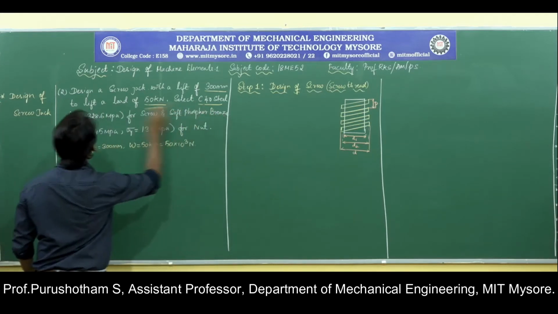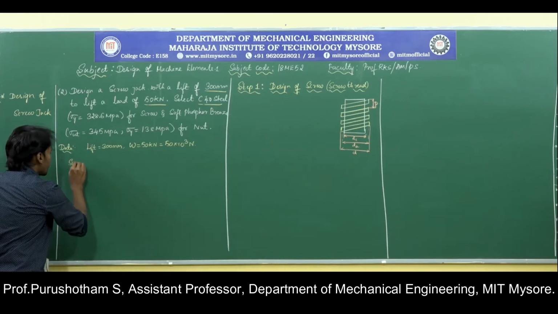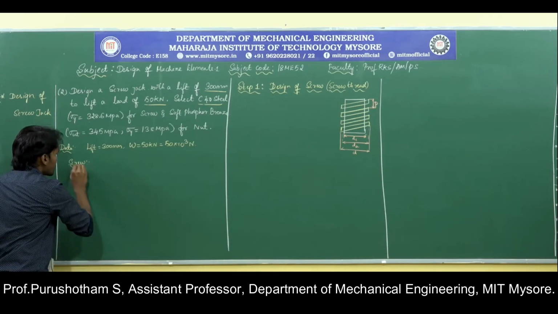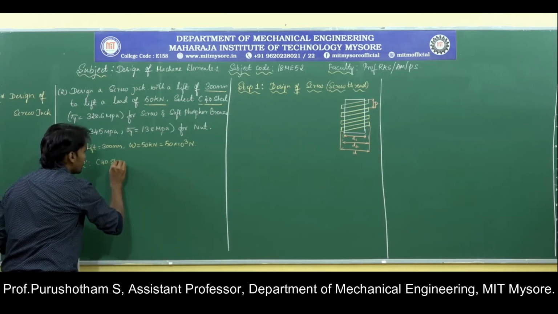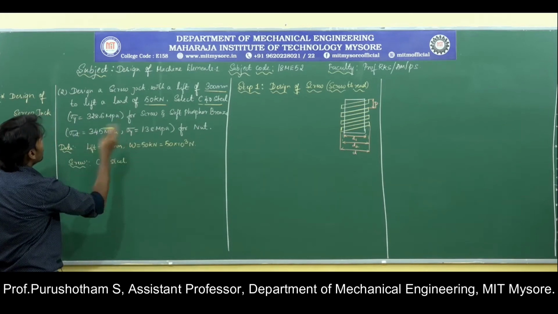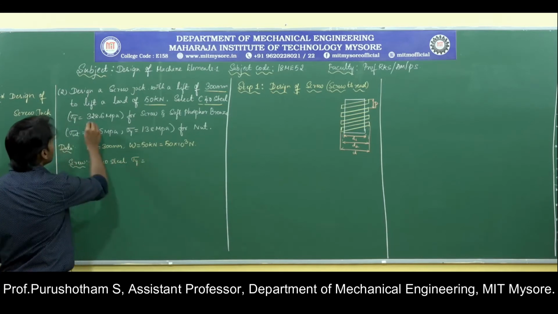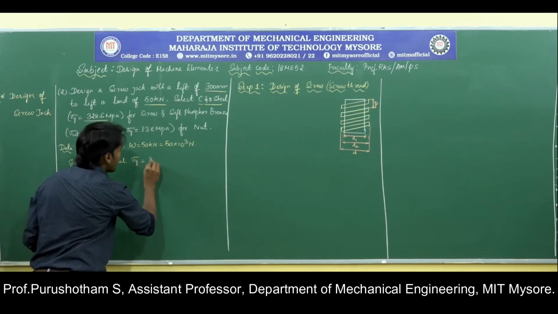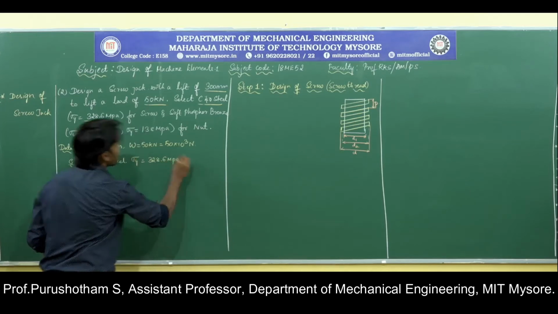Then select C40 steel for the screw. For the screw material they have given C40 steel, and with respect to that screw material they have given the yield stress, that is 328.6 megapascal.